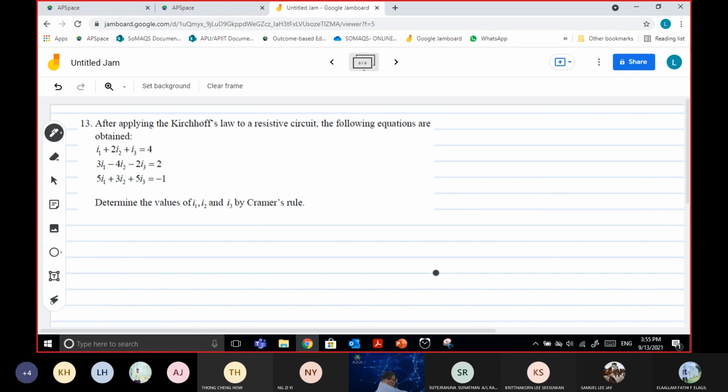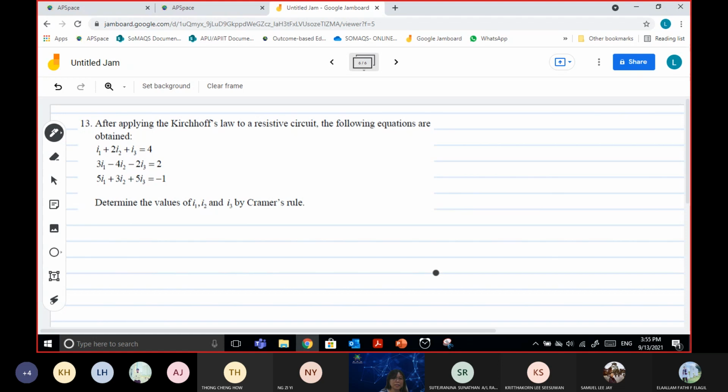Who got the answer? Question 13 is the same as the earlier one, so the answer is the same, but the method and the working are different.